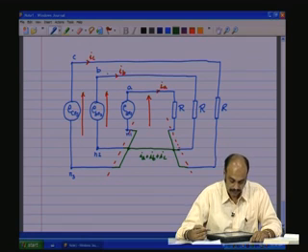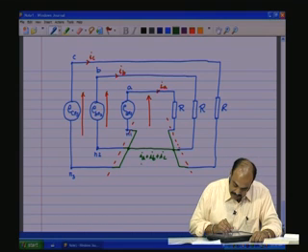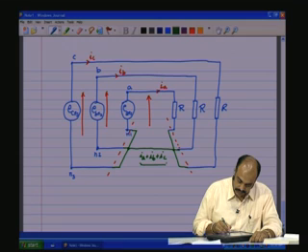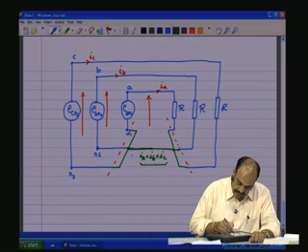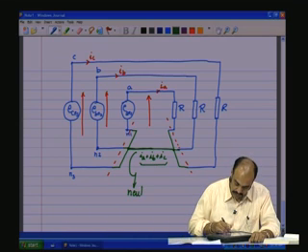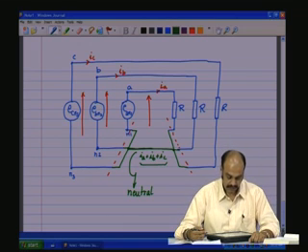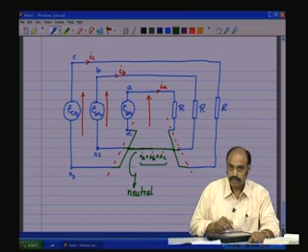How do they look like, and what are the instantaneous values of these 3 put together, and what is the resultant current which flows through this line, the return path line, and this line is called the neutral. This is called the neutral line. The return path line, which is common, is called the neutral line through which IA plus IB plus IC flows.